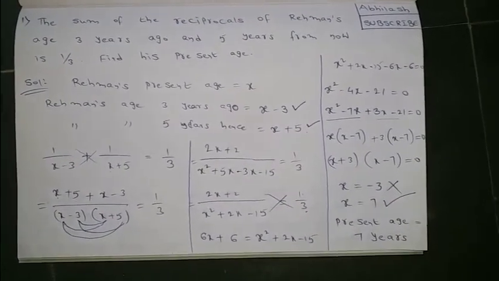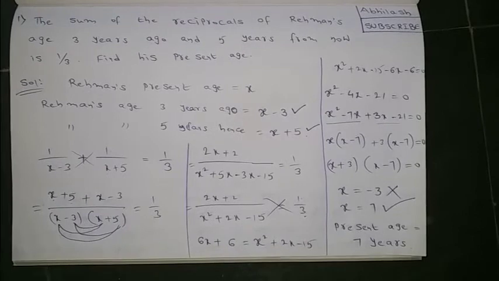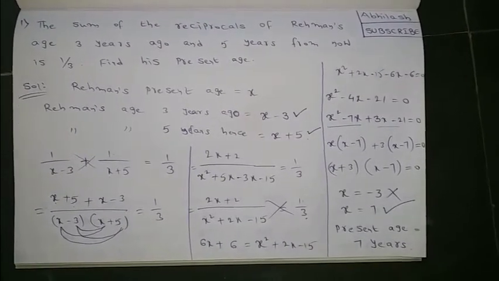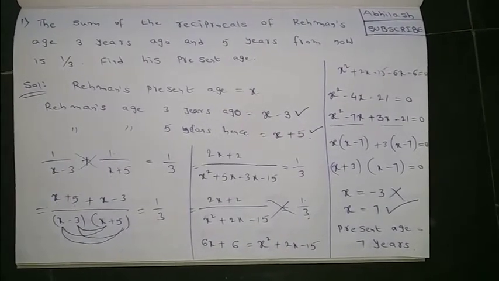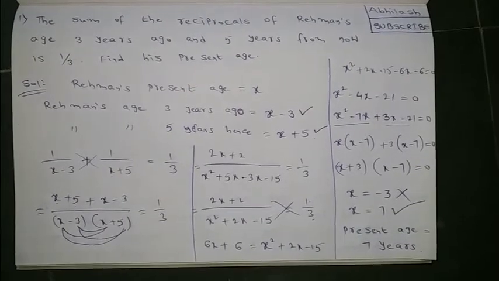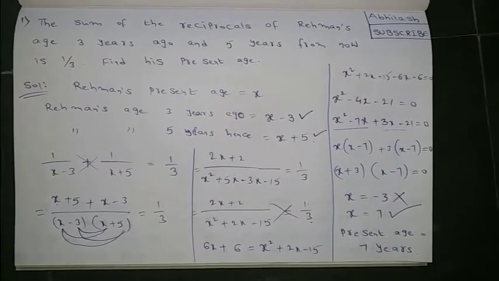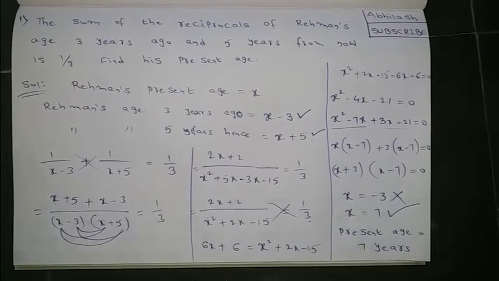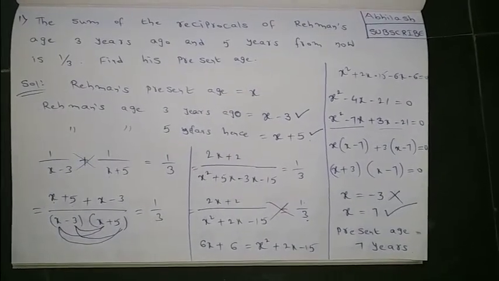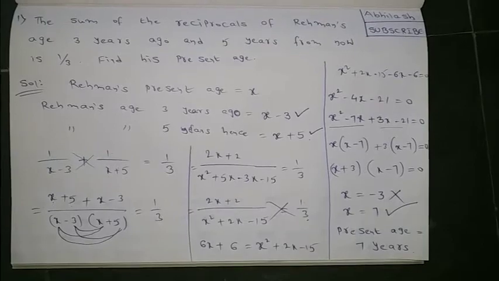In word problems, first we need to read the question properly and try to understand each and every word of that particular problem, and then we need to solve it.